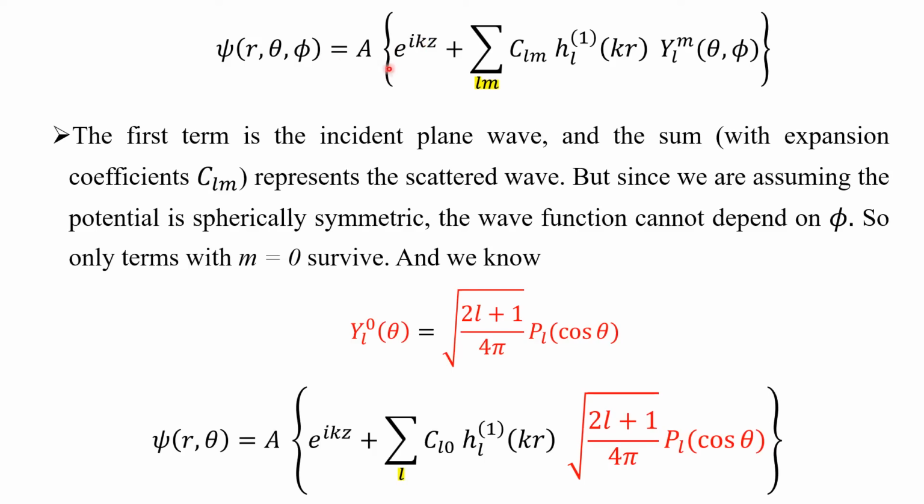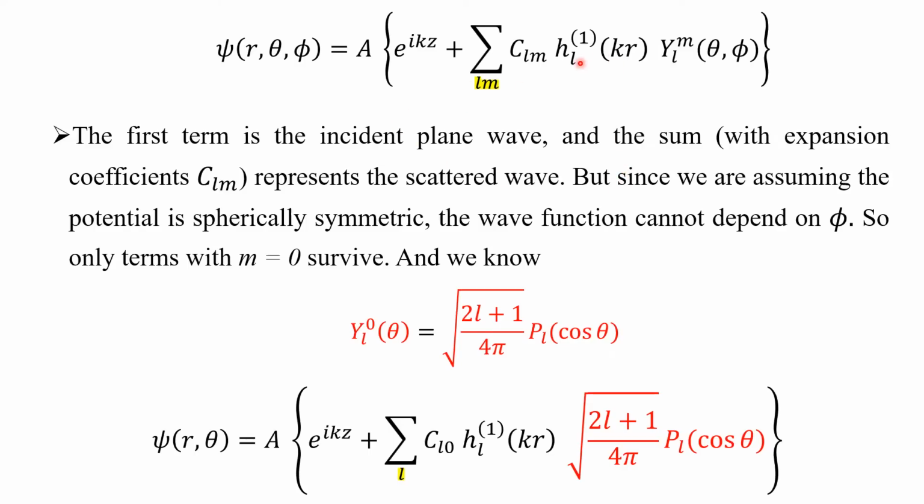The first term represents the incident plane wave. The second term represents the scattered wave. As usual, C_lm is the expansion coefficient, and h_l replaces the radial part of the wave equation.